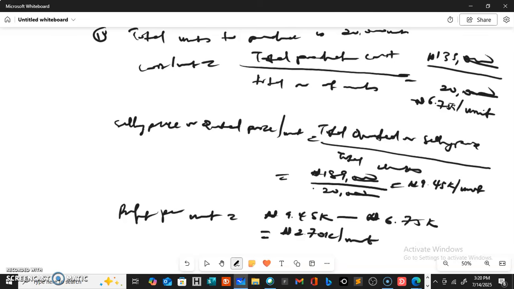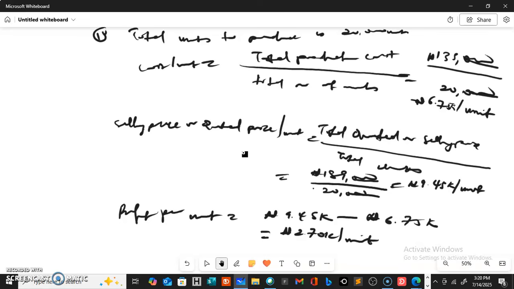That is the profit we're going to generate on the individual units that we're going to produce. So at the end of the day, we're able to determine the profit that we're going to be making on the job that we're going to produce. So this is a very lucrative job if the client is willing to accept the quotation.